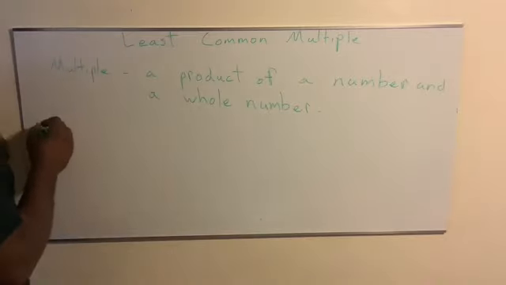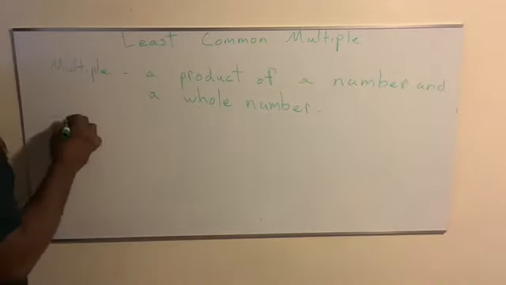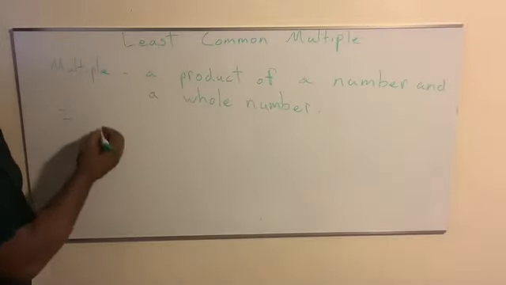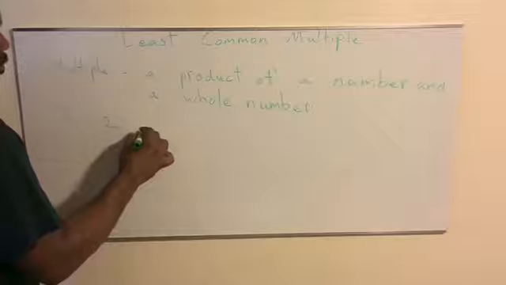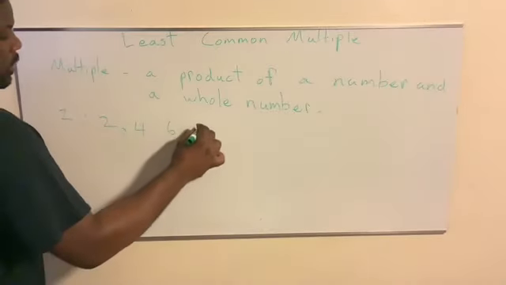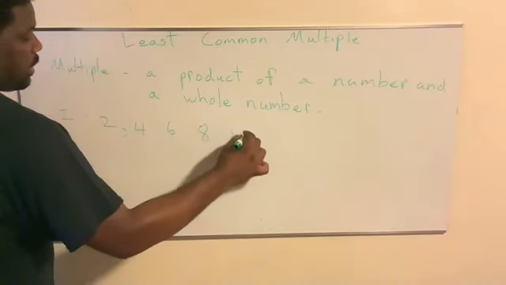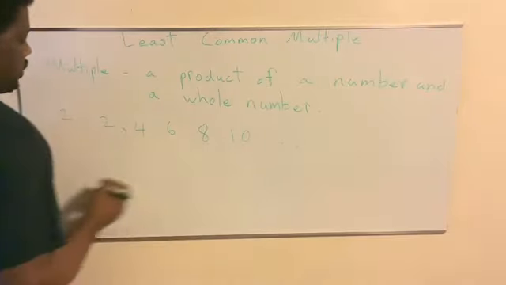So, for example, if I list some multiples of 2, they are 2, right? 4, 6, 8, 10, and so on.